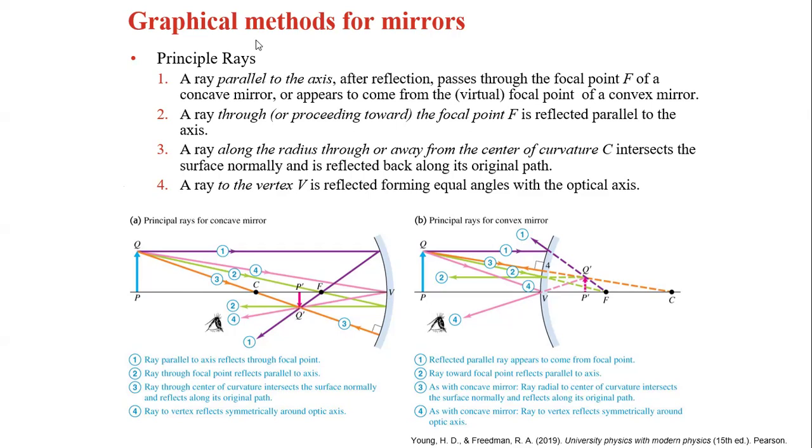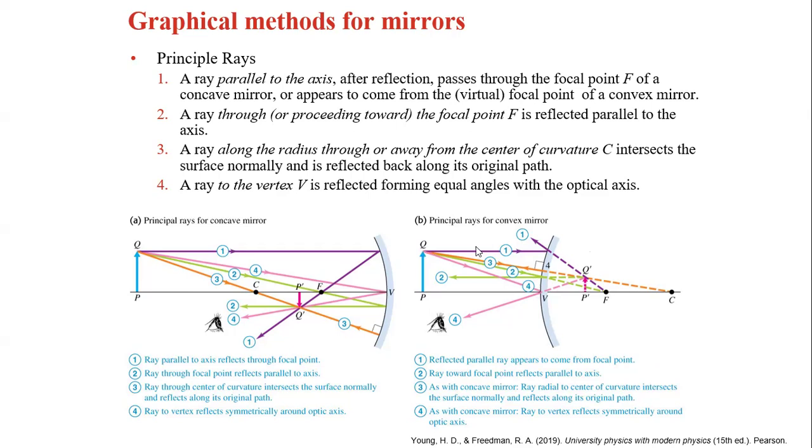Okay, how about for the convex mirror? What is the graphical method for the convex mirror? The first ray is also the parallel ray, which appears to come from the focal point. It looks like it is diverging from the focal point.